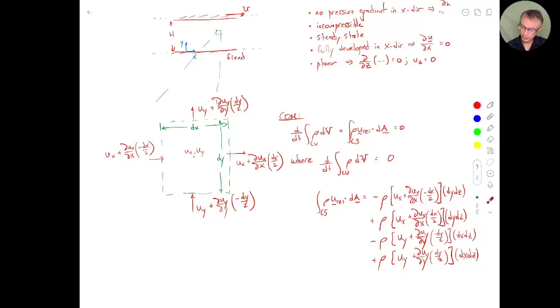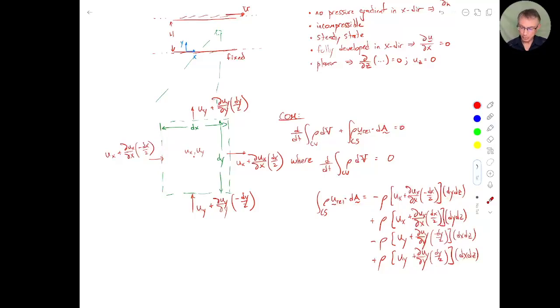Okay, so what I've done here is I've just evaluated the mass flow rate term in conservation of mass at these 4 walls. On the left-hand side, here we have the density right there, and then we multiply it by the velocity at that wall, which is this term here, and then we're multiplying it by the area that the velocity goes through, so that's dy times dz.